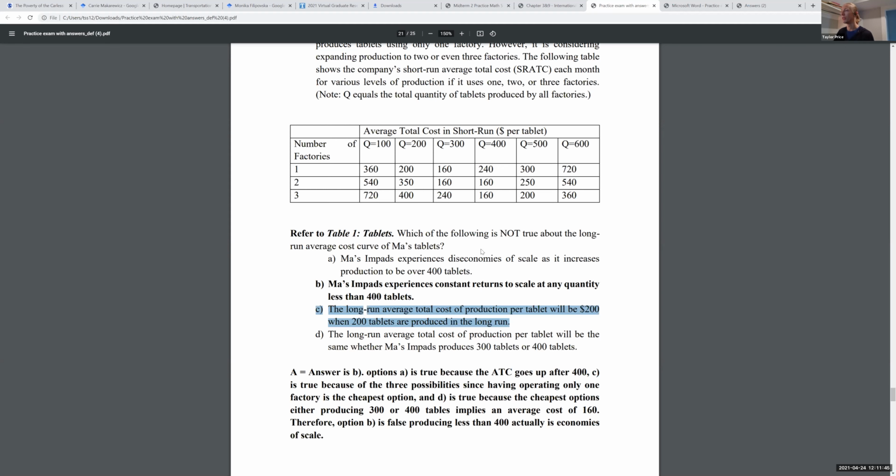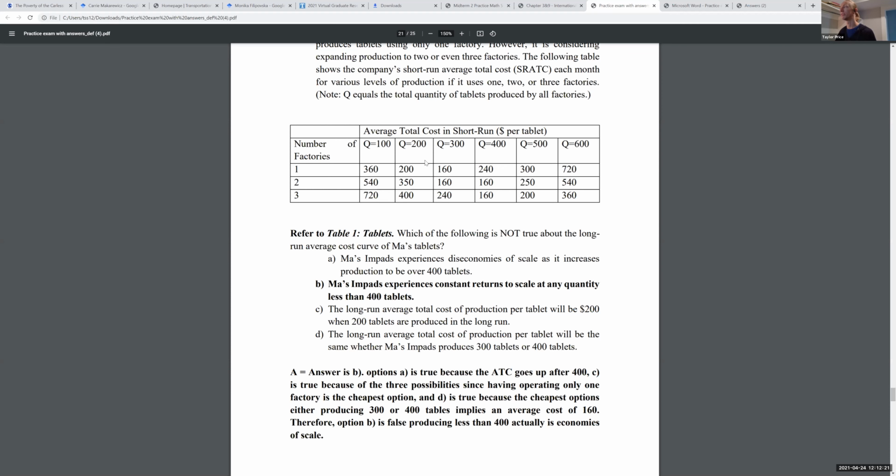Yeah, this question is weird because it's one of those that's asking you what is not true, and they don't specify which factory they're referring to. So for C, where you already said the long run average total cost of production per tablet is 200 when 200 tablets are produced in the long run, I think what they intend to mean is that as long as one of the factories meets that condition, then it's true.